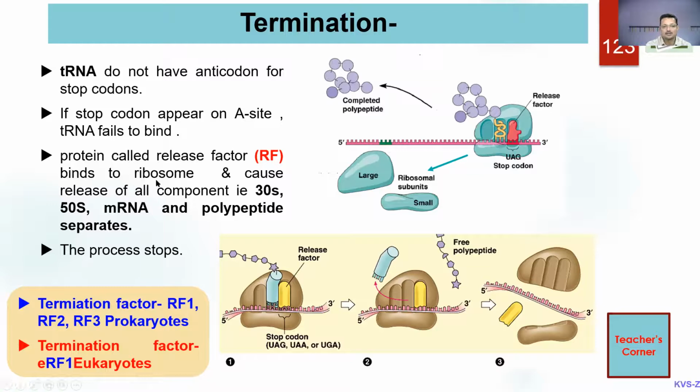Now a protein called the releasing factor, RF, binds to the ribosome and causes dissociation of the two components, 30S and 50S in case of prokaryote and 60S and 40S in case of eukaryote. The termination factors in prokaryotes are RF1, RF2, and RF3, and in eukaryotes, it is eRF1, right?